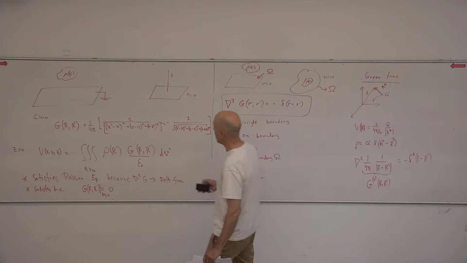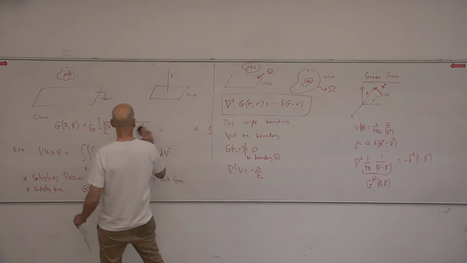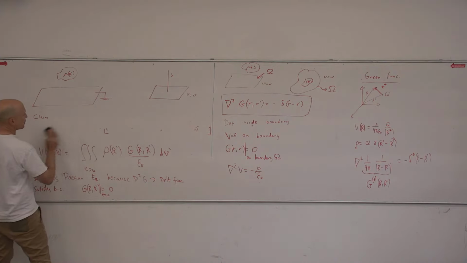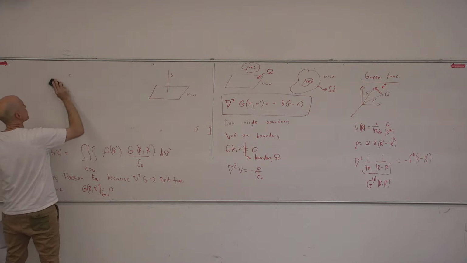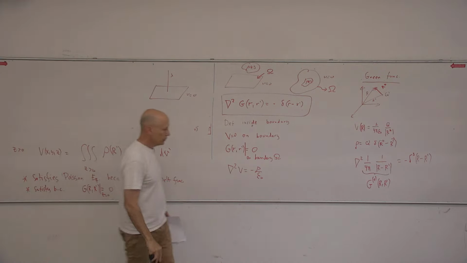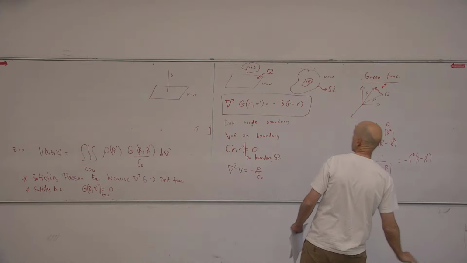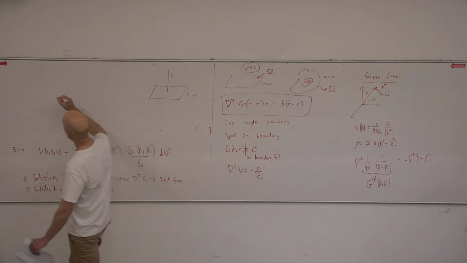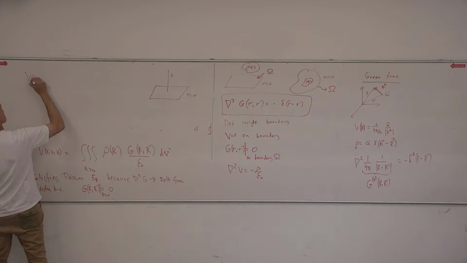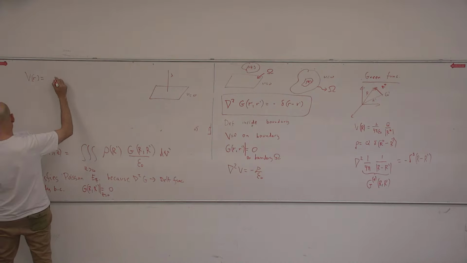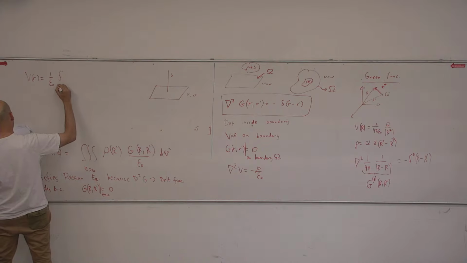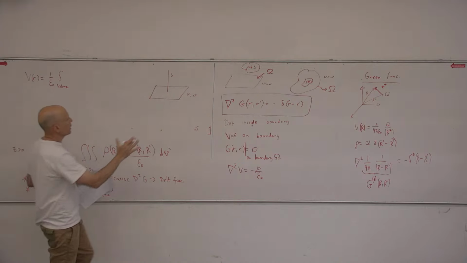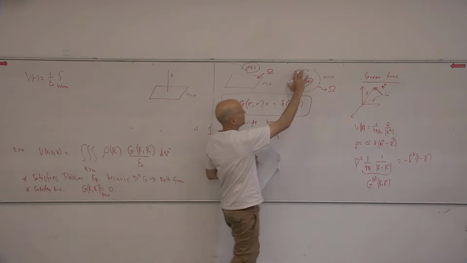So what is the claim? Just the claim. And we saw it in the two trivial examples. The general claim is that v of r somewhere in space is 1 over epsilon 0, that's a matter of definition, over the volume, that's including the domain, like up here, or all this junk.